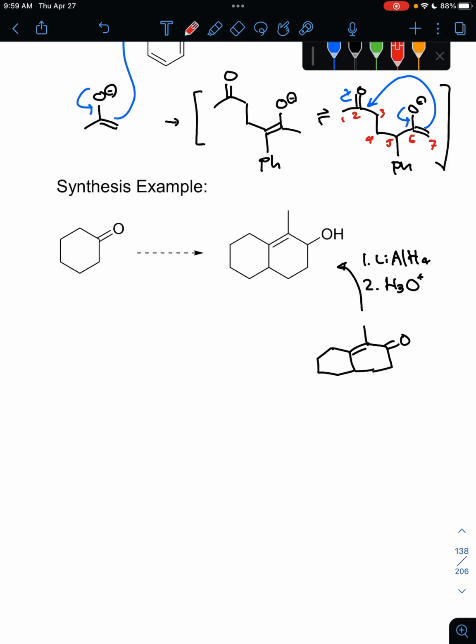And this is a cyclohexenone now, so we should be able to make this via Robinson annulation. One way to dissect this when we're thinking about Robinson annulation is we could make this bond through Michael addition and this bond through aldol condensation. That's basically the idea here, okay?